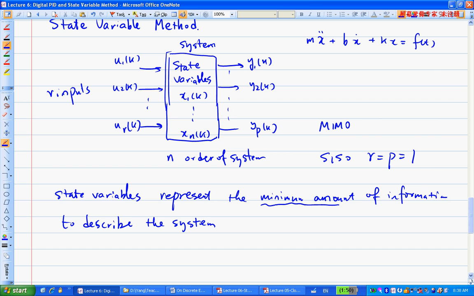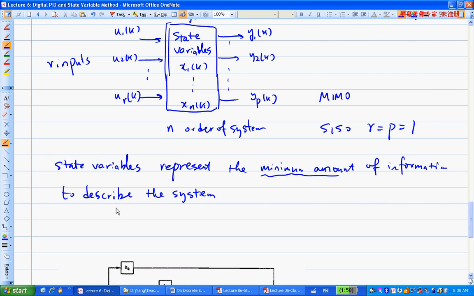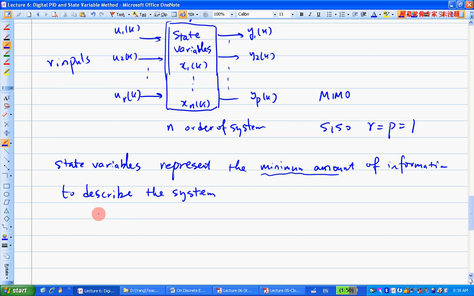But in short, if you look at the state variables x1 to xn, we're going to use vectors. From now on, you will see a lot of matrix and vector concepts. So I'm going to use vectors to represent these state variables. Often we use a column vector to represent this.